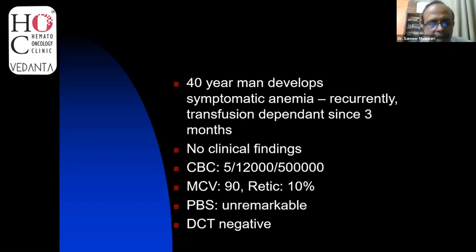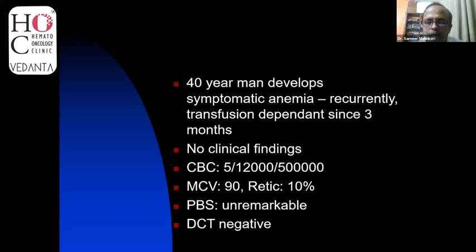And most of the hemolytic anemias fall in the normocytic category. So you must suspect a hemolytic anemia when the MCV is usually normal, and the retics are of course high. The PBS is unremarkable, and the DCT is negative. So what could this patient be having? Recent onset hemolysis, so obviously it's not congenital.